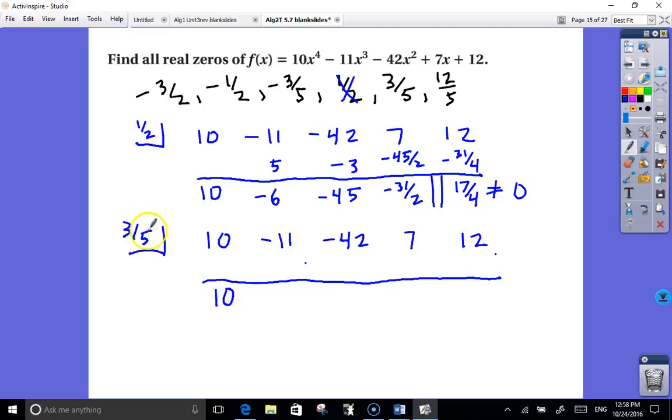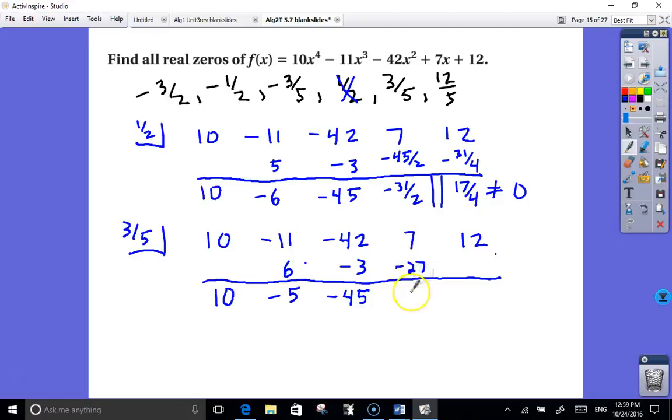So 3/5 times 10 would be 6. If you're not sure, use your calculator. -11 plus 6, -5. Okay, 3/5 times -5, -3. Add. Okay, that worked out. 3/5 times -45 should be, 5 goes into 45 9 times, so -27.